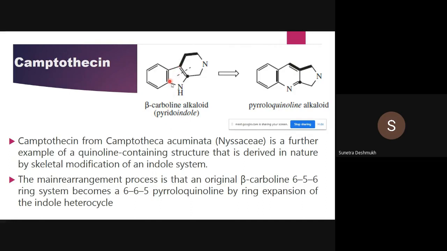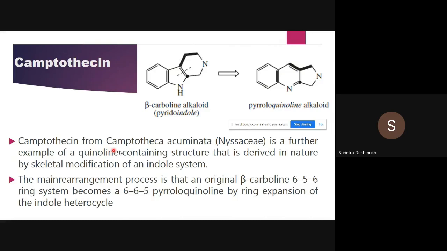The 5-membered nitrogen-containing ring has been rearranged to a nitrogen-containing 6-membered ring. So there is a rearrangement from beta-carboline alkaloid to the pyrroloquinoline alkaloid. This is the basic moiety in the case of camptothecin.